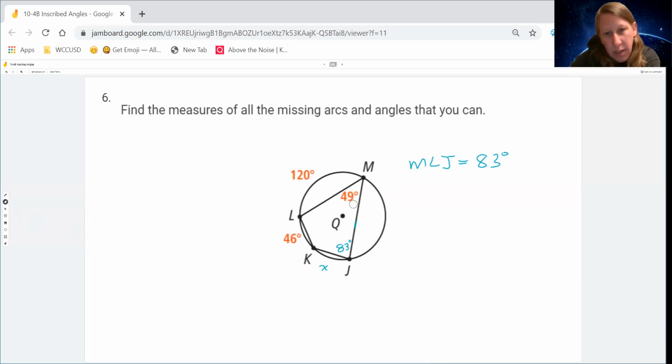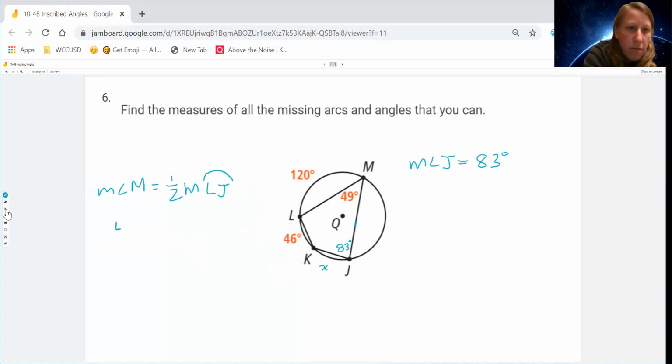I kind of want to figure out KJ here. I think that would be fun. So let's do the measure of angle M is going to be half the measure of the intercepted arc, which is going to be LJ.